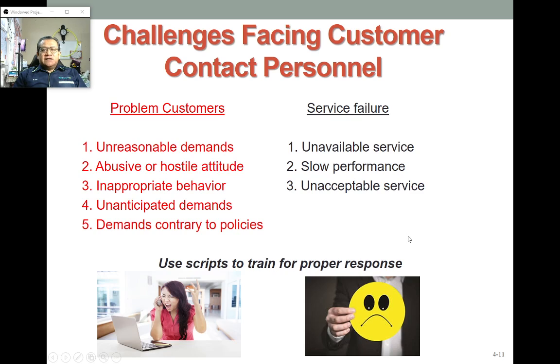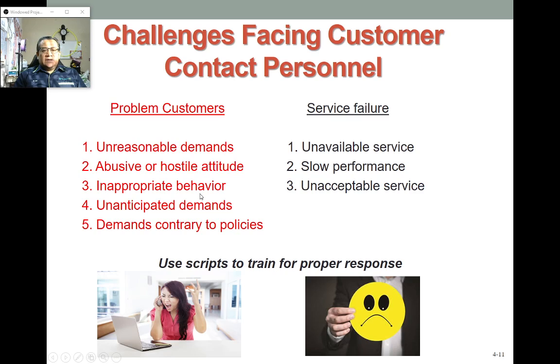What are the challenges facing a customer contact personnel? So there are many challenges for contact personnel for the company, because they are dealing with problems from customers. Some customers are quite rude, for example, or make unreasonable demands, abusive, bad-tempered.